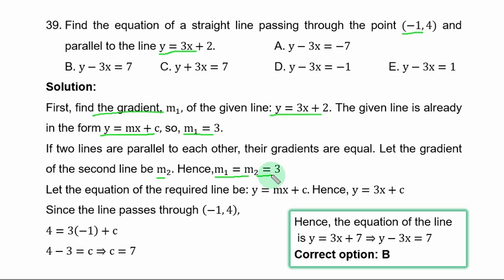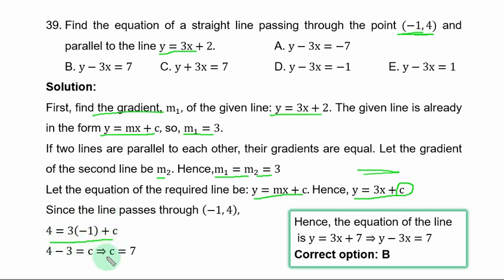Let the equation of the required line be y equal to mx plus c. Now you know m to be 3. Hence, you have y equal to 3x plus c. But c is needed. Since the line passes through this point, it means x is equal to minus 1, y is equal to 4, so that you can get c from here. So you replace y and x with what they stand for.